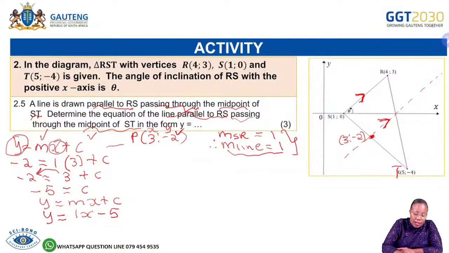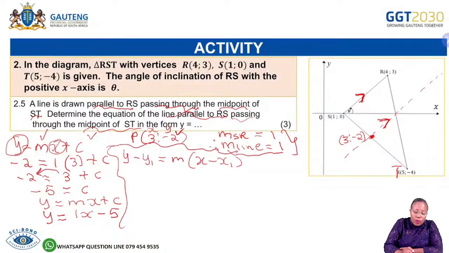So now let's see the learner who decided to use another equation, that one of y minus y1 equal to m into x minus x1. So now this will serve as the x1 and the y1, the coordinate that is given to you. And this will be y minus minus 2, it will be plus 2 there. Negative by negative is a positive. And the gradient is the same, that one that we have just established as being 1.